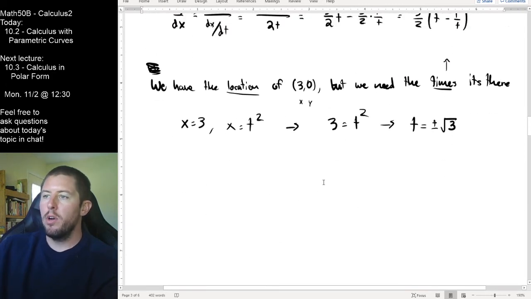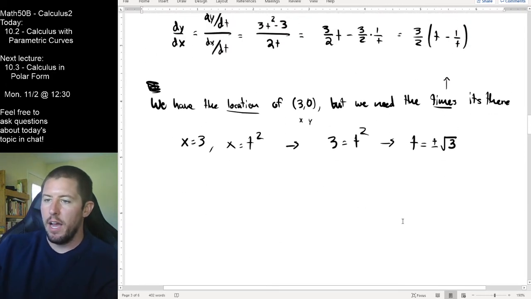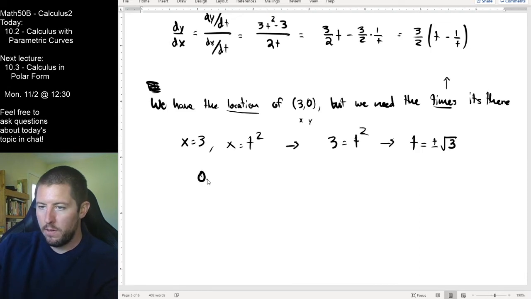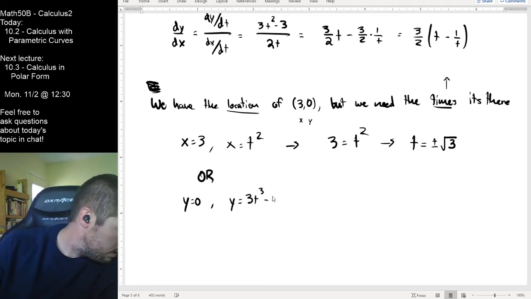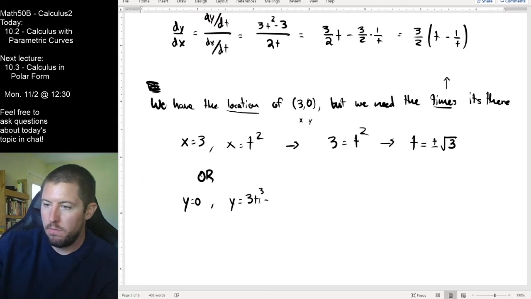Okay. So notice that we also alternatively could have done y equals 0, y equals t cubed minus 3t.